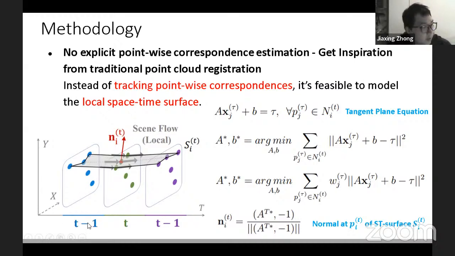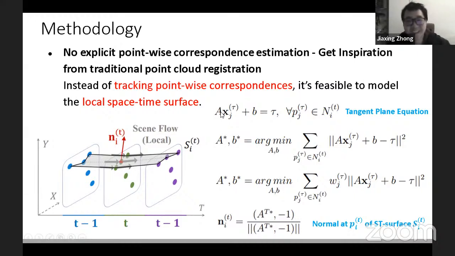For example, in the t-1 frame, this tau is equal to t-1. That is just a sign to mark their temporal location. The j means their spatial location, and the tau means the temporal location. That is why we call this space-time, so these are the space-time coordinates.